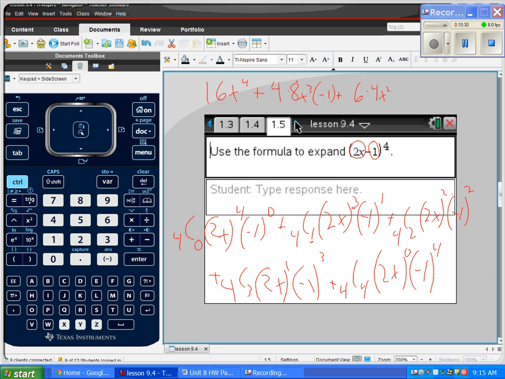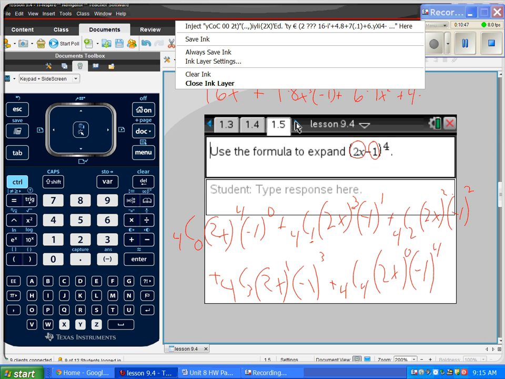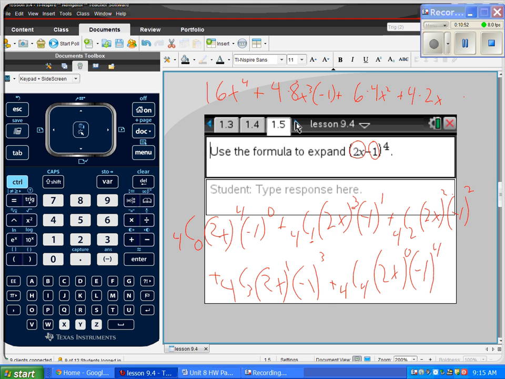If you didn't put your parentheses in like this, the calculator would be giving you negative 1. You gotta be careful. So I'm not going to write that. 4c3. 2x to the first. And negative 1 to the fourth. What is it? Positive 1. So I'm not going to write it.